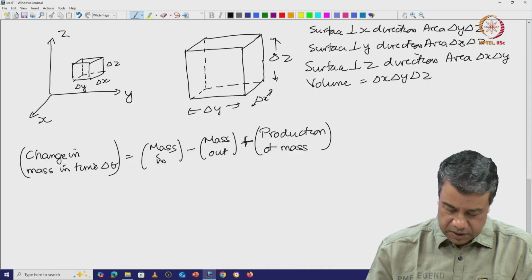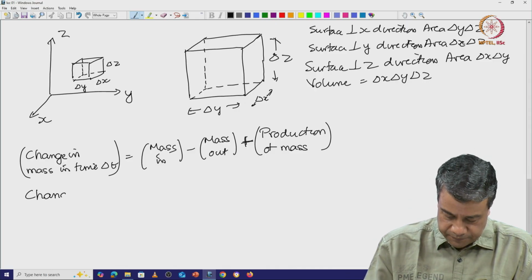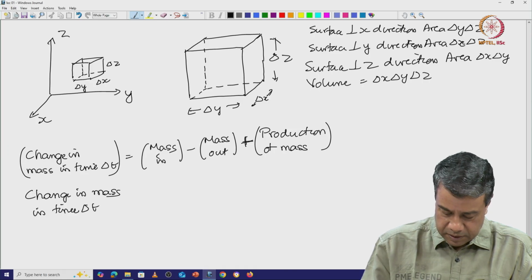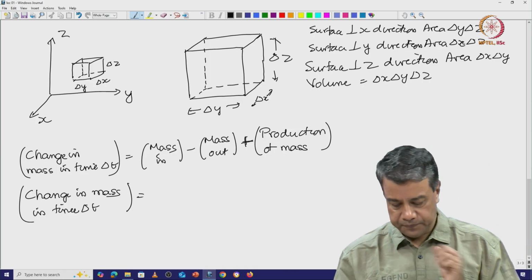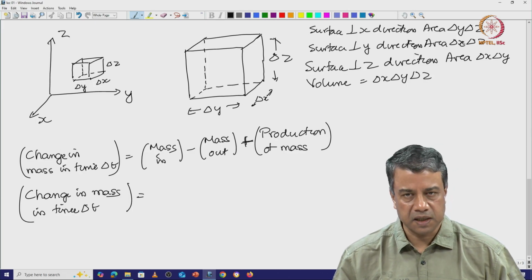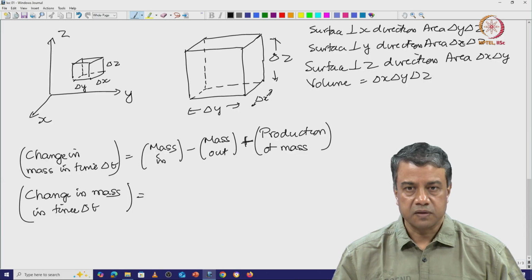So, first the change in mass in time delta t. This is equal to the total mass in this volume, which is the concentration times the volume itself. So, the change in mass in a time delta t will be the change in concentration times the volume.